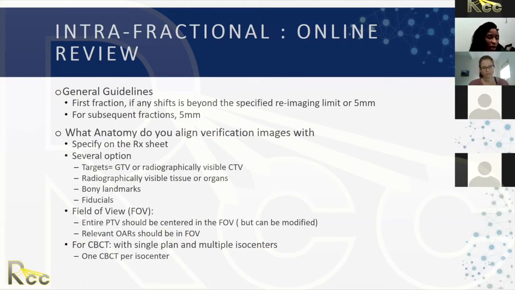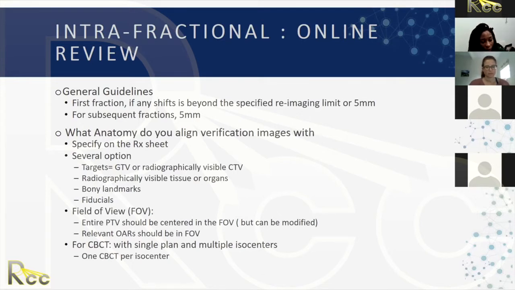So what should be in your field of view? Really, your entire PTV should be in your field of view, but noting that these can be modified. Sometimes you're treating a really long head and neck area, up to the skull base and including the level 4 nodes, and sometimes that whole view isn't able to fit into your field of view.